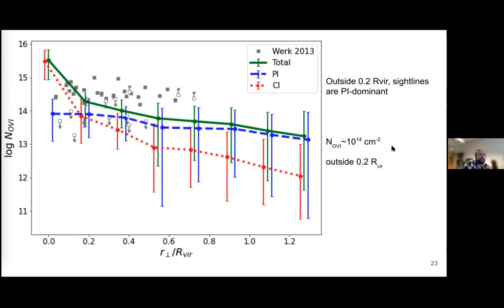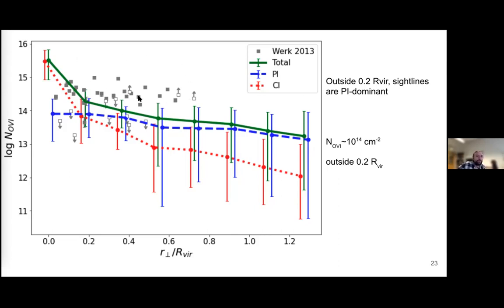And so I put on here the COS-Halos observations of oxygen 6, for a couple reasons. One is I wanted to note that we do underpredict the value here. It's about half an order of magnitude lower than we want. That may have something to do with the fact that we're at redshift 1 and COS-Halos observations were at redshift 0.3 or so.